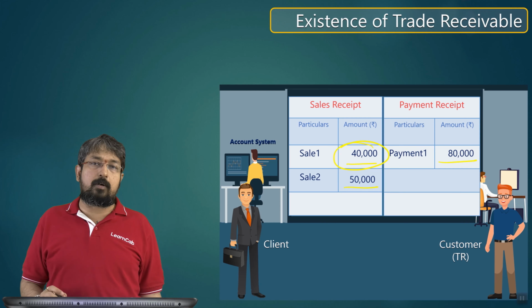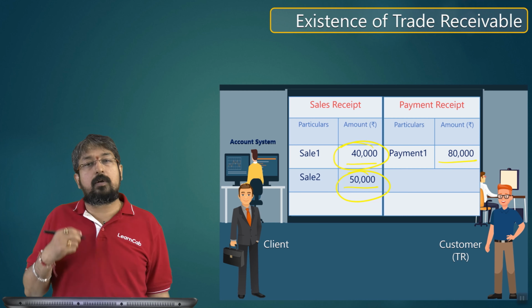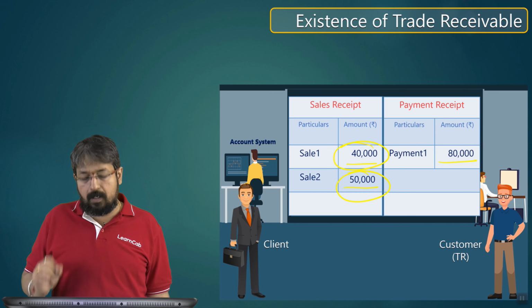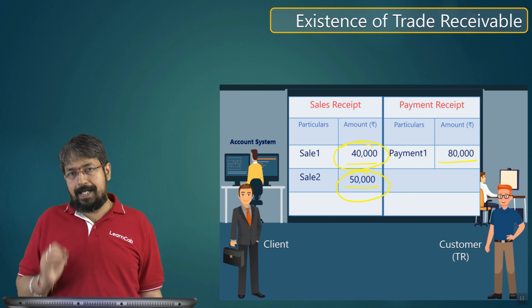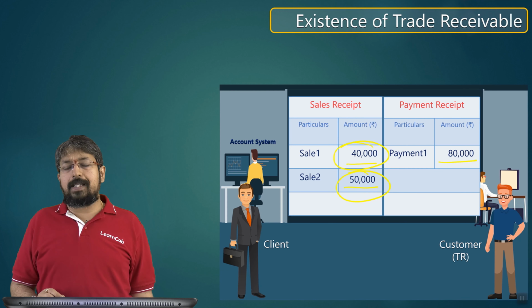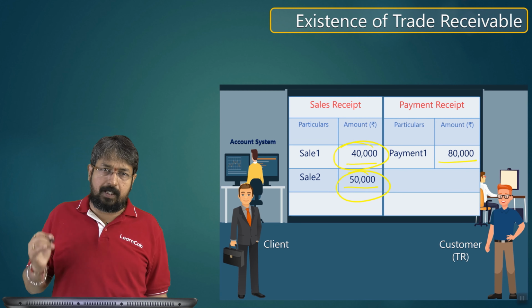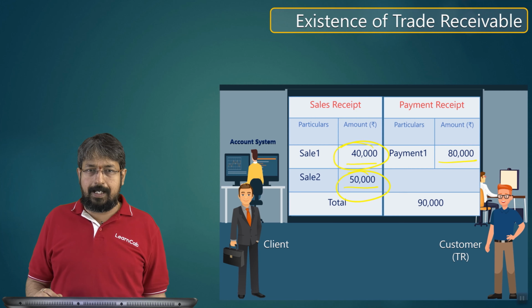First you make the adjustment of the sale 1 account and then make the adjustment of the sale 2 account. So this is the one thing you need to understand here as far as the payment is concerned. Okay, so you adjust the sale 1 account and then you adjust the sale 2 account.